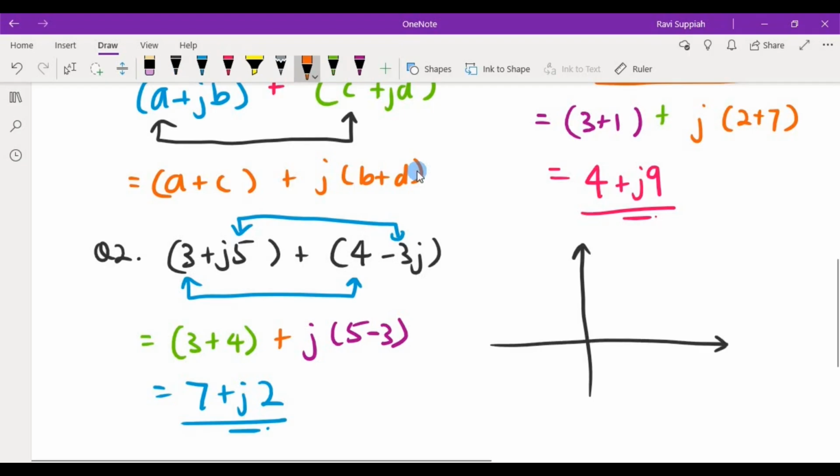This would be the real part and here will be the imaginary part. The first number is 3 plus j5, so 3 here and 5 here.